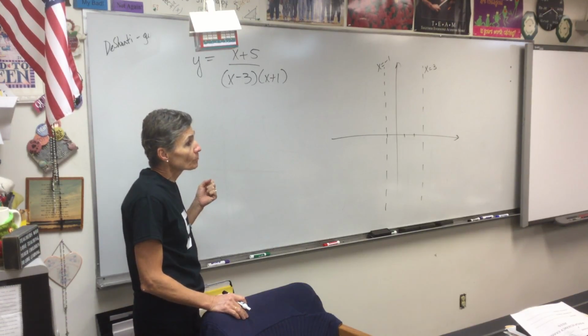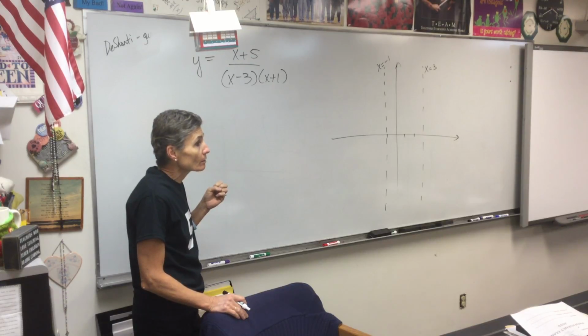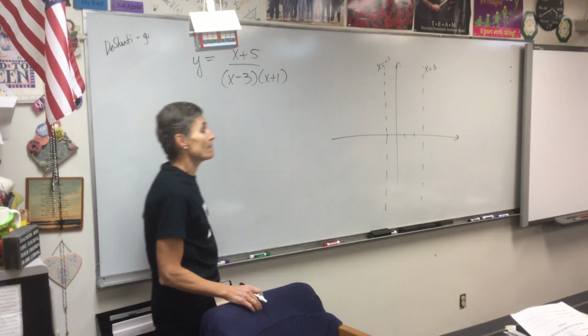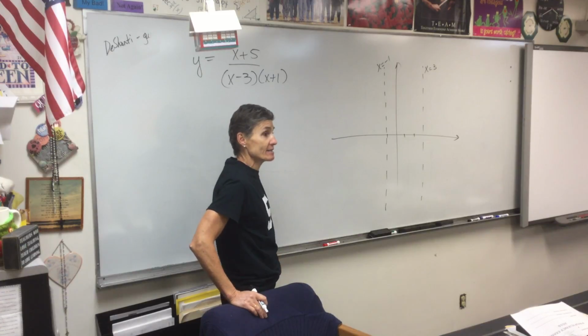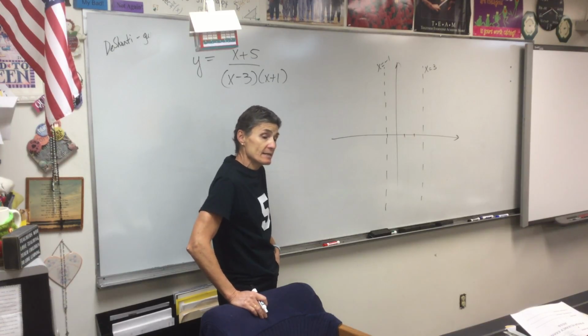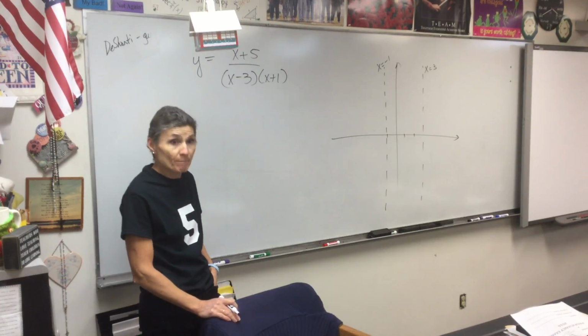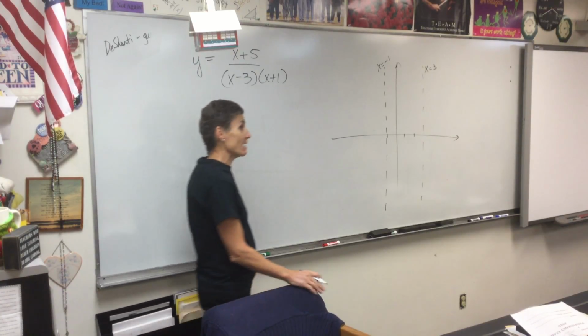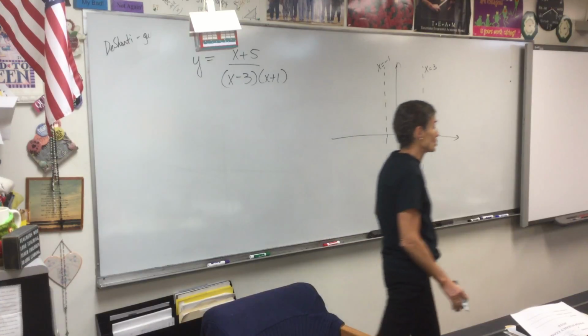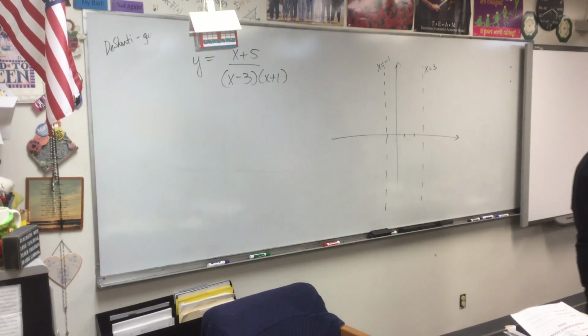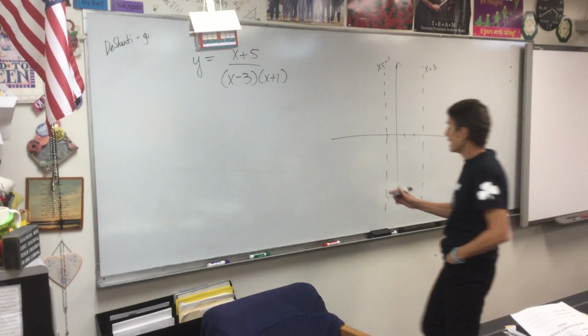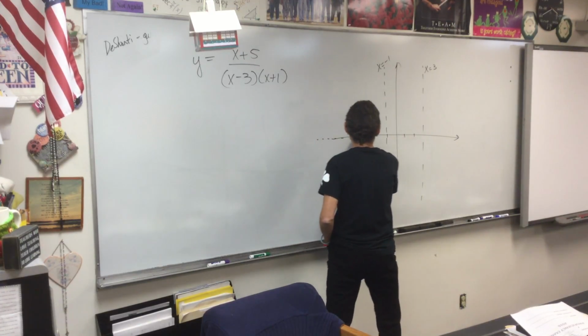Maddie? Does it matter that the x in the denominator is bigger? Oh, does it matter that the x in the denominator is a higher power than the x in the numerator? Yeah, it matters. What does that tell me about my horizontal asymptote when the power on the bottom is bigger? It's 0. Your horizontal asymptote is y equals 0.